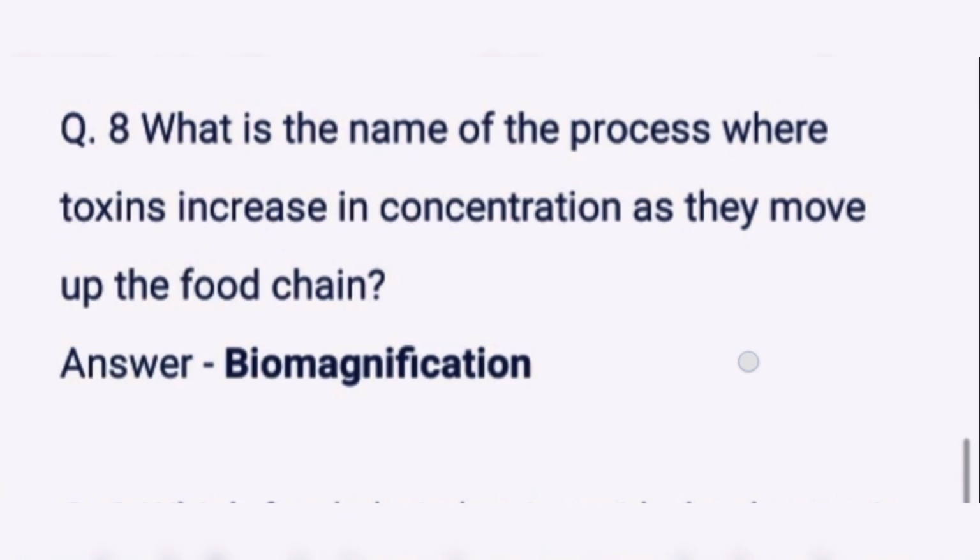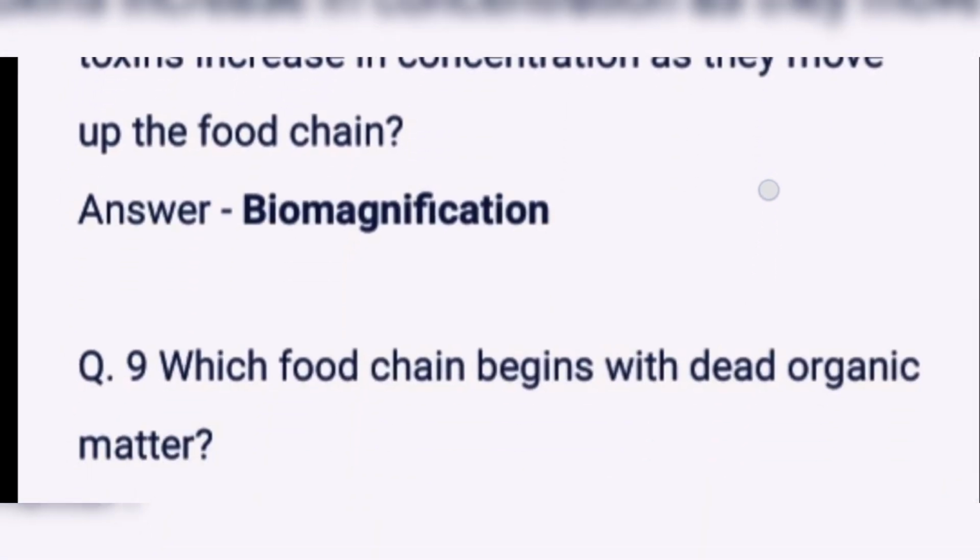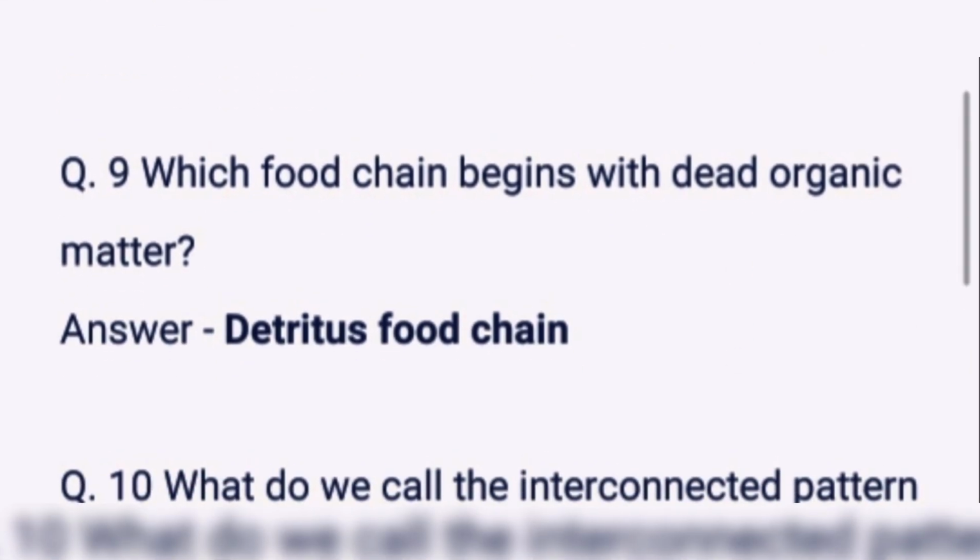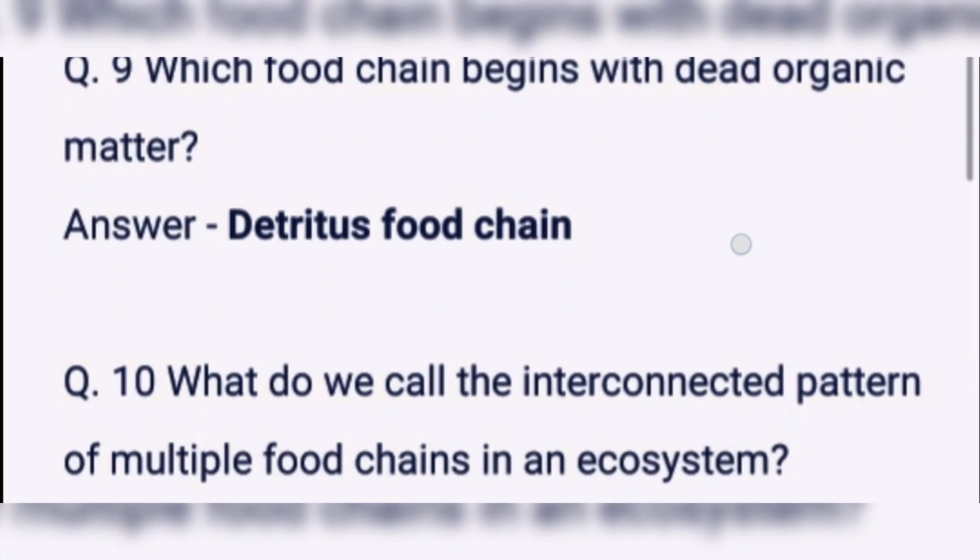What is the name of the process where toxins increase in concentration as they move up the food chain? Answer is biomagnification. Which food chain begins with dead organic matter? Answer is detritus food chain.